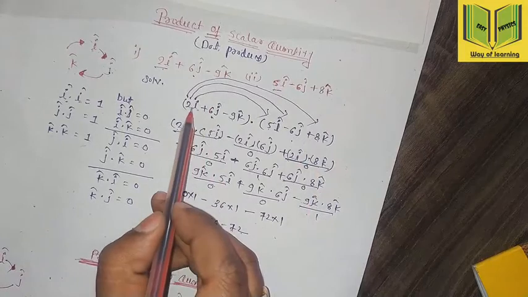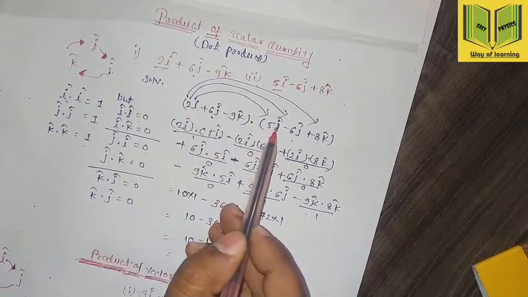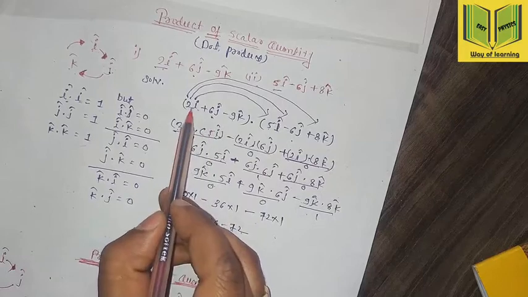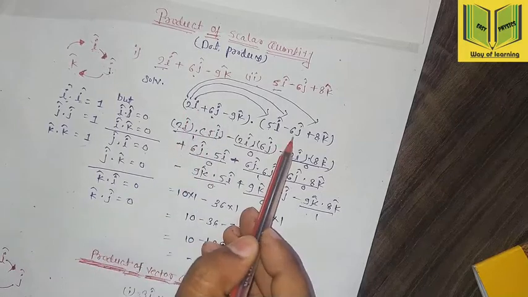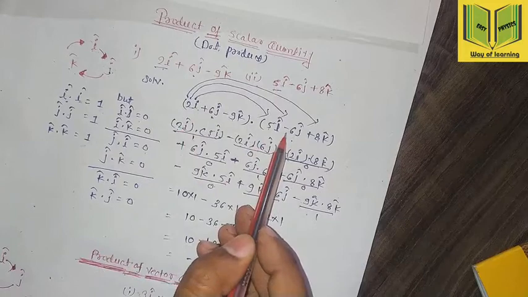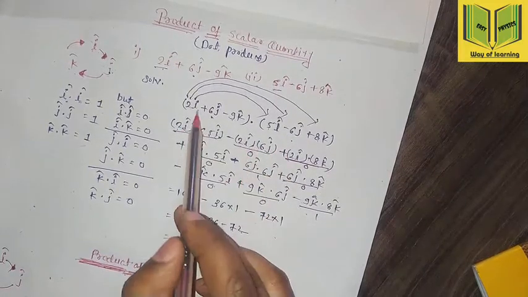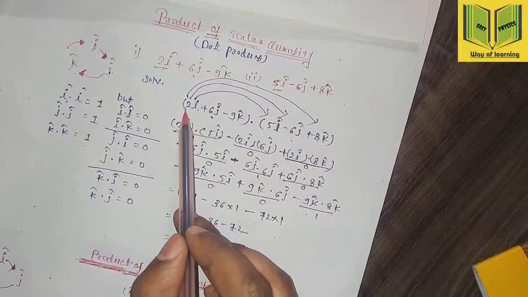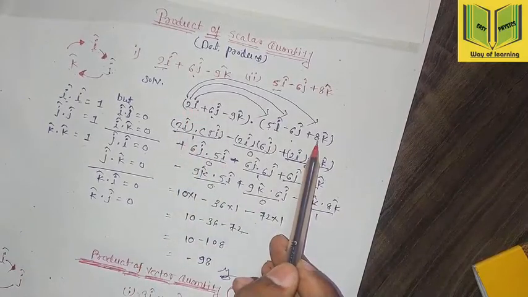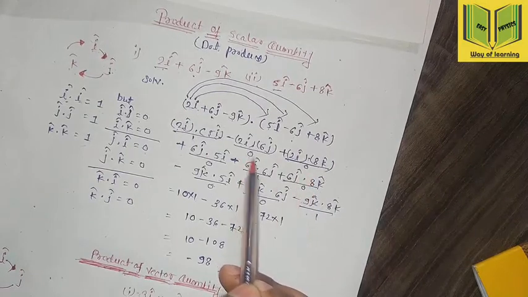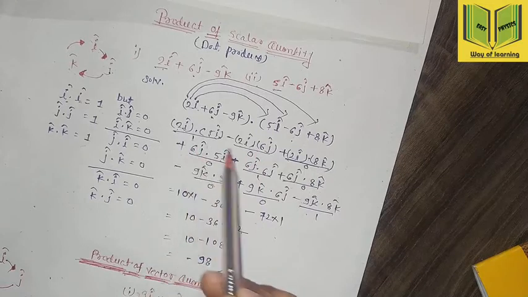So always remember, when we multiply i with i, we will get 1. When we multiply 2i with minus 6j, we will get 0. The same, when we multiply 2i with 8k, again we get 0. I have written here 0 where we got 0 and 1 where we got 1.